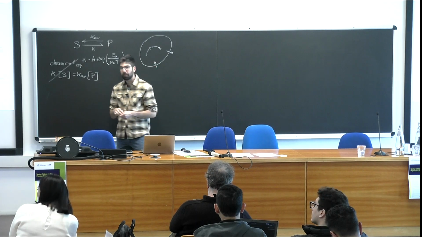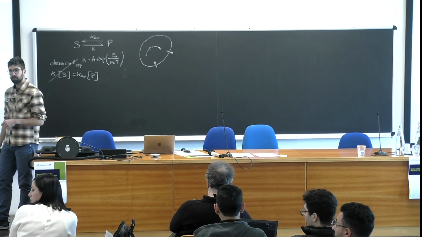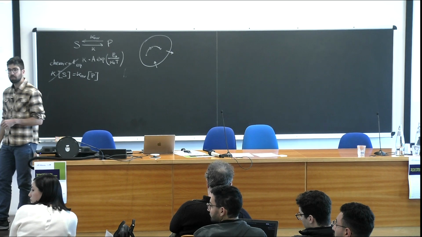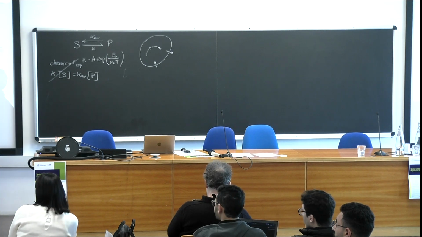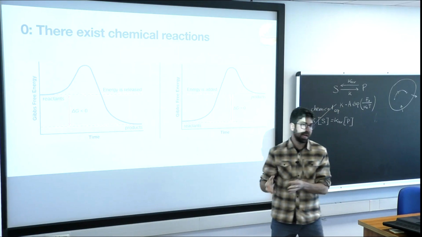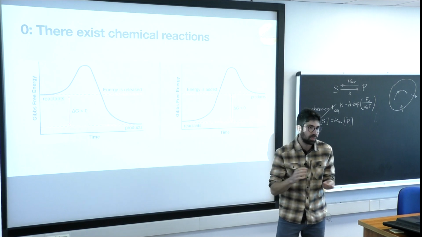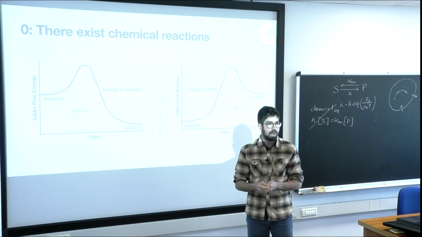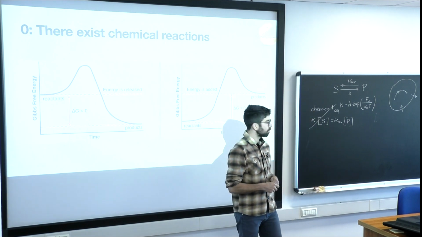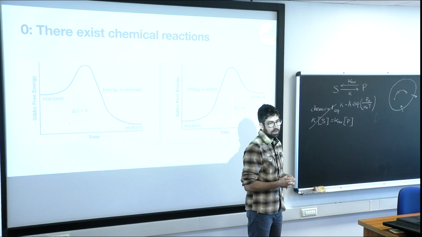Yes, question? What is the difference between reactants and products? Reactants are inside the cell? No, I'm just thinking of something that reacts and becomes something else. But of course, if you reverse it, there is no difference. Is the left-hand side the S? Yeah, it could be the right-hand side.